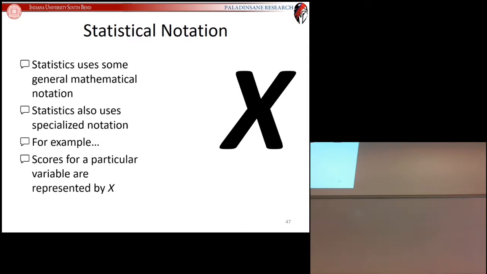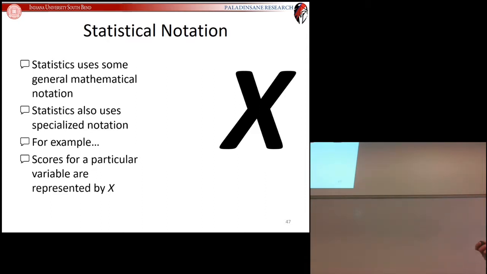Now this brings me to a point that I will mention over and over again, hopefully so that everybody internalizes this. The worst thing you can do when you're trying to learn statistics is read that symbol as X. Whenever you're reading your textbook, whenever you're reading your homework, do not read that as X. Read that as the scores.